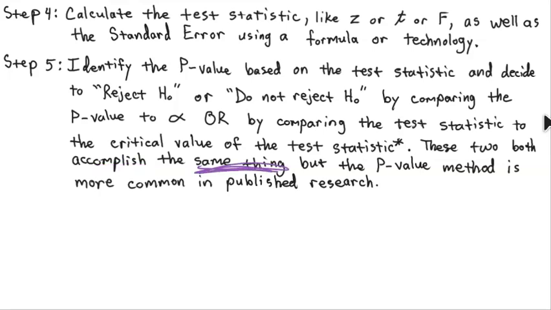But I want you to know that the p-value method is more common in published research. In most or all quantitative published research, you will see a stated p-value for almost every quantitative relationship, pretty much every hypothesis that is made. You'll see these p-values all over the place in quantitative published research.